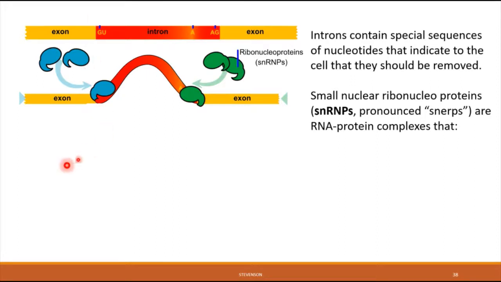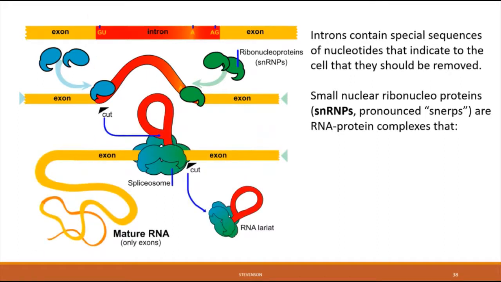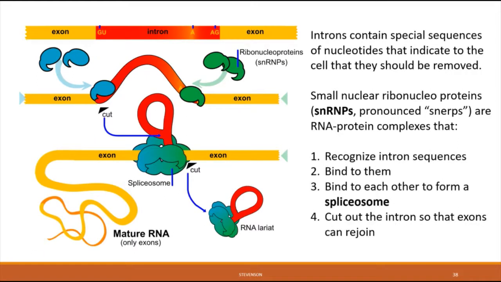These SNRPs will bind to these sequences in the intron, and then after they attach themselves to those special intron sequences, they will find each other and come together to form this giant mass called a spliceosome. The spliceosome will cut out the intron and then join the exons together so that it is still a continuous molecule of RNA.